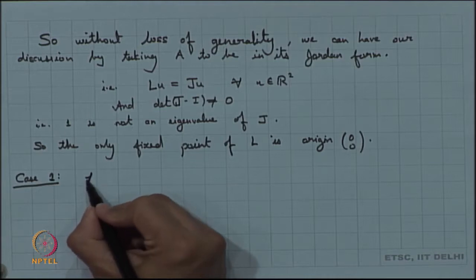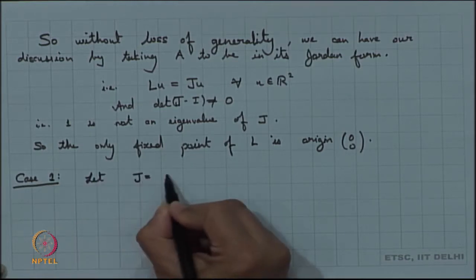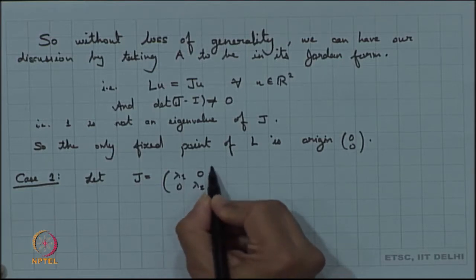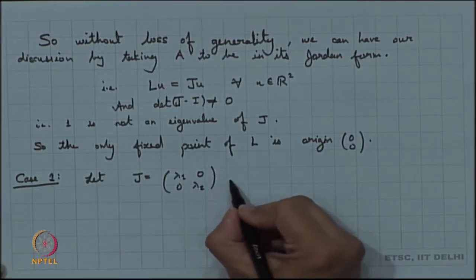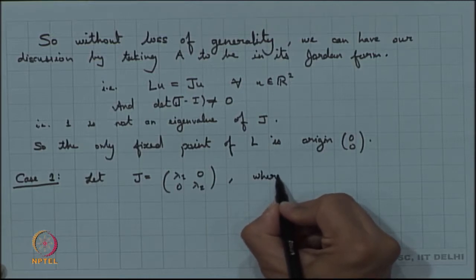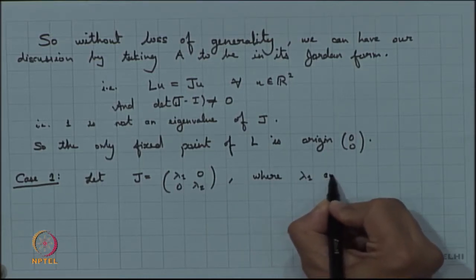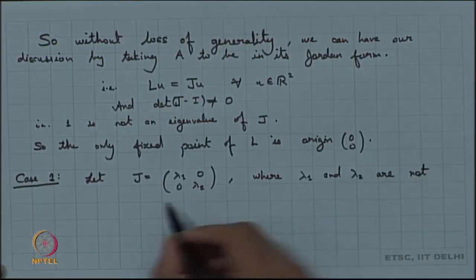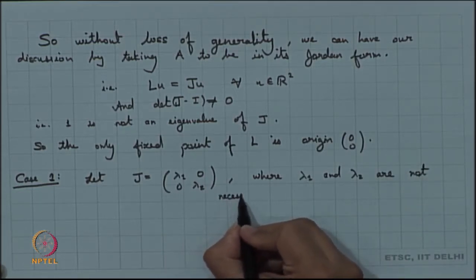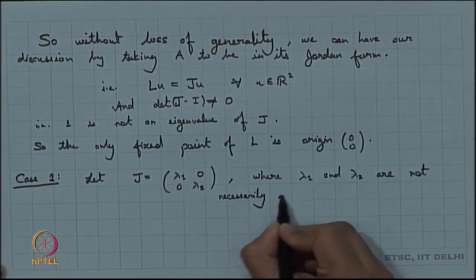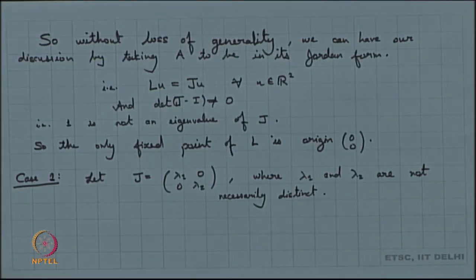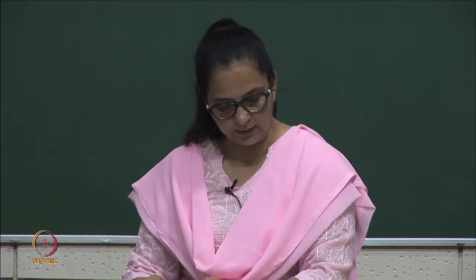So, in the first case we let our J be of the form lambda 1 0 0 lambda 2, where lambda 1 and lambda 2 are not necessarily distinct. So, our case is when we have our Jordan form in a diagonal form. What happens in that case?